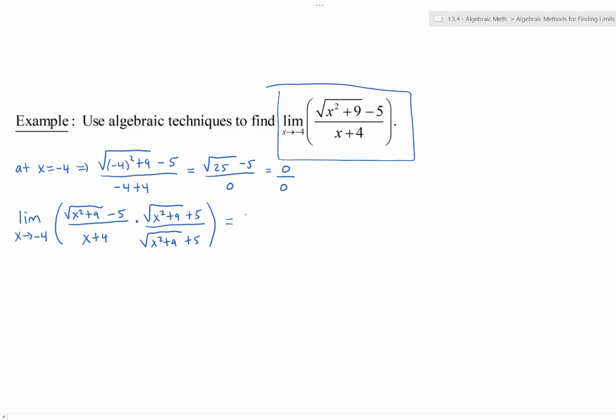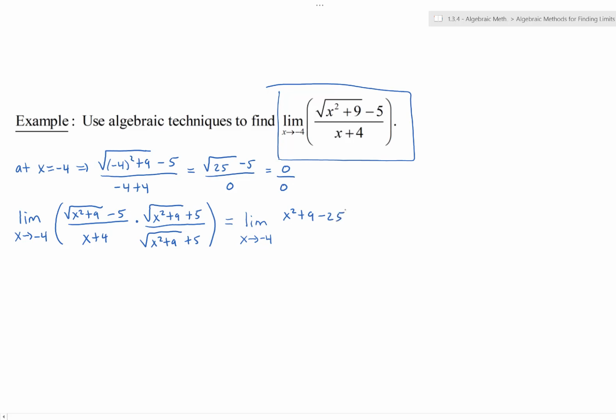Let's do a little more algebra. This is the same as the limit as x goes to -4. On the numerator there, if you multiply out those two expressions, it's like a difference of squares, right? We got the square root of x squared plus 9 times itself, so squared, and then minus 5 times 5, so minus 5 squared. So in fact, what we're going to be left with is an x squared plus a 9, and then minus a 25.